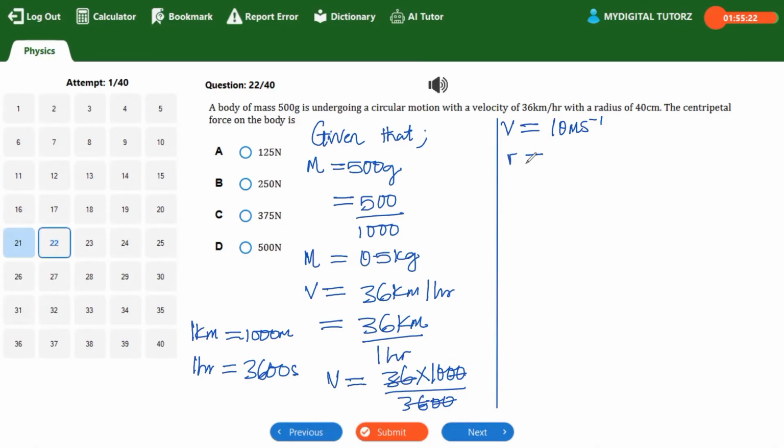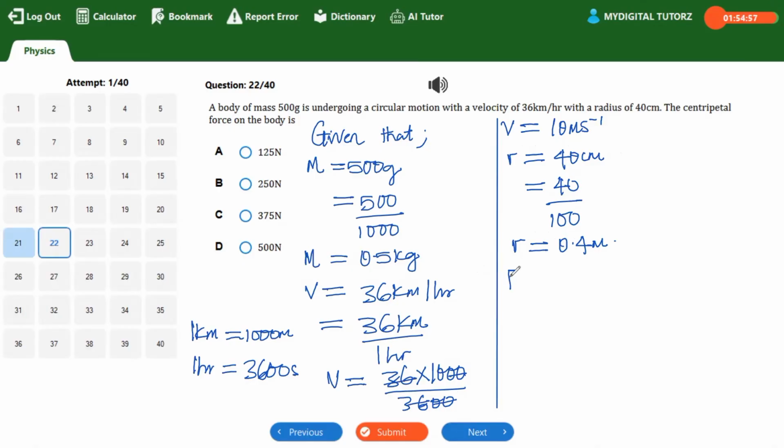And we are given the radius to be 40 centimeter. In the same vein, convert it to meter. That is 40 divided by 100, so my radius is 0.4 meter. Having done this, the next thing is to recall the relationship between centripetal force and all these parameters, the mass, velocity, and the radius.